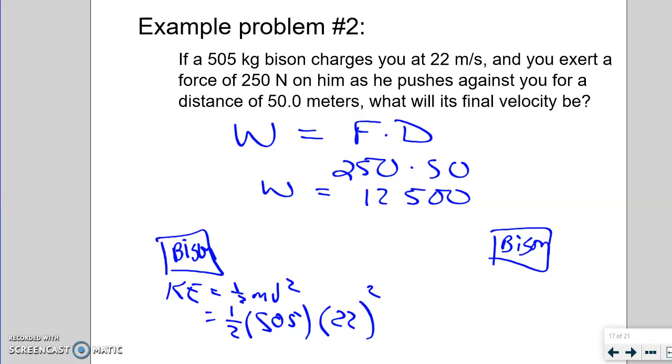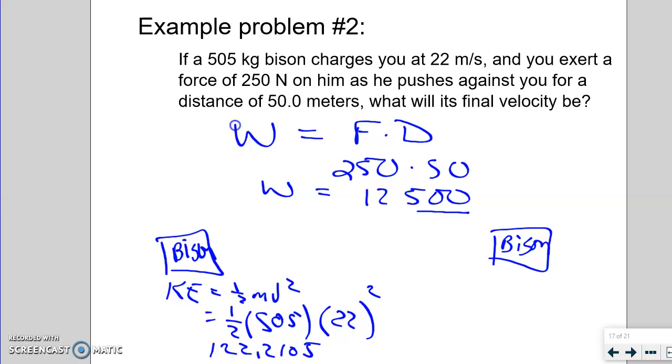So now, if we plug those in, we can see that the total kinetic energy of the bison before we do anything to it is 122,210. Not worrying about sig figs for now. That is our kinetic energy of the bison before we do work on it. So, how much energy does it have after we do work on it?